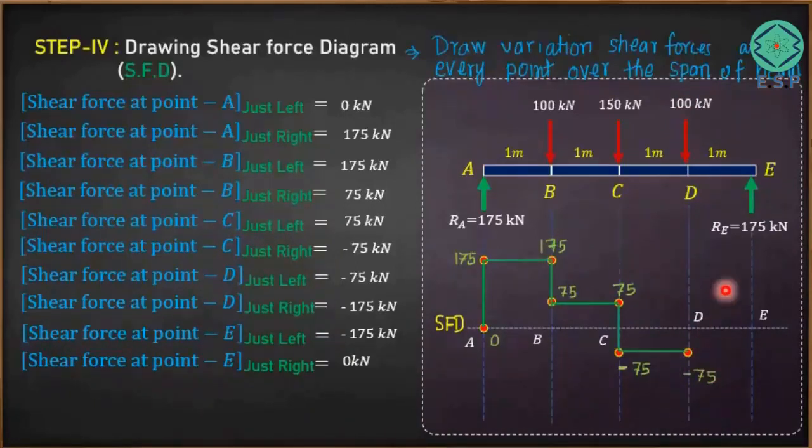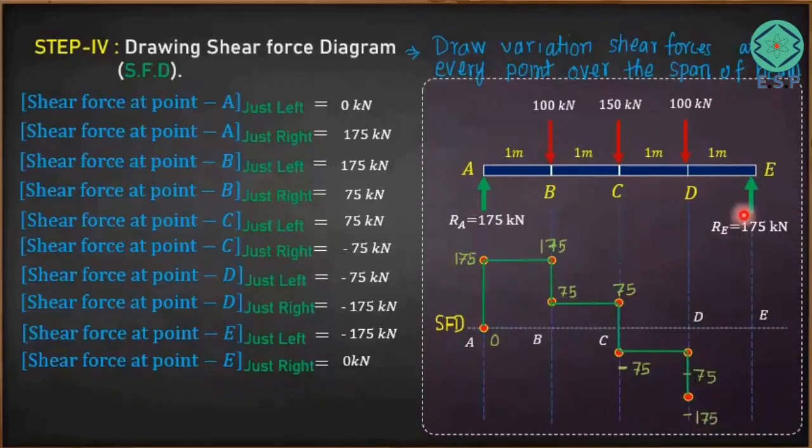So minus 75 minus 100 will become minus 175. Your variation will be like this, going from minus 75 to minus 175, because this additional 100 kilonewton downward shear force is acting over here.